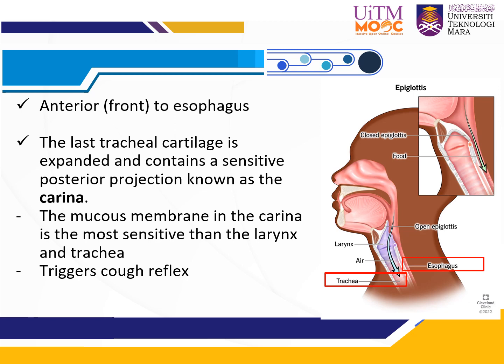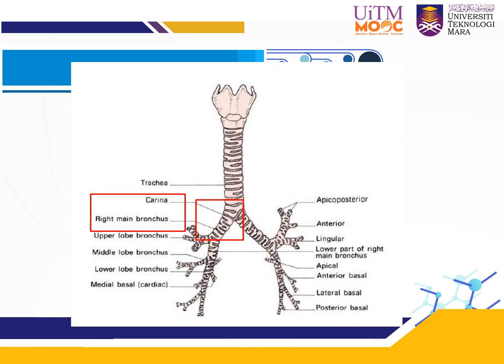The mucous membrane in the carina is the most sensitive, more than the larynx and trachea, and the carina can trigger the cough reflex. Here is a picture of the trachea, and the end of the trachea is the carina before it divides into left and right bronchi.